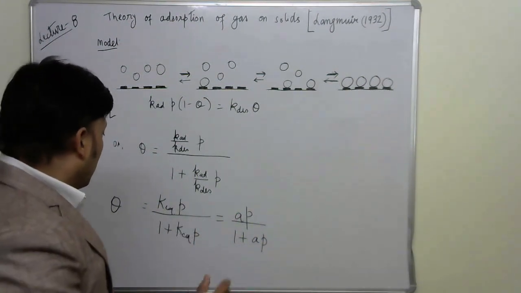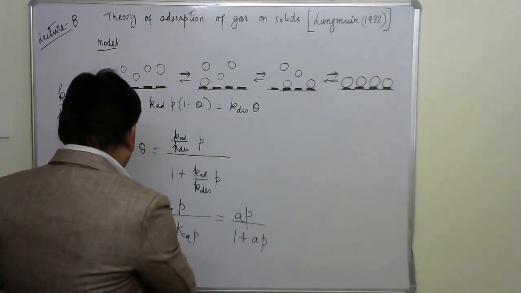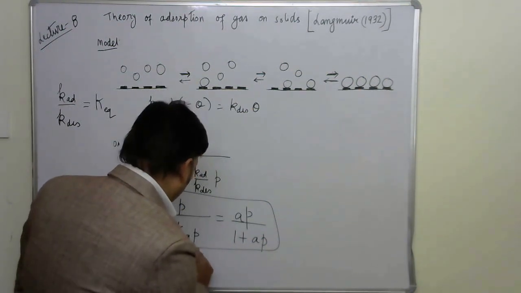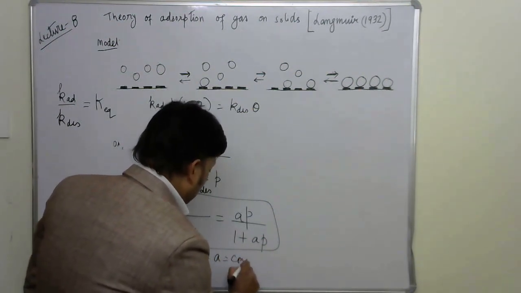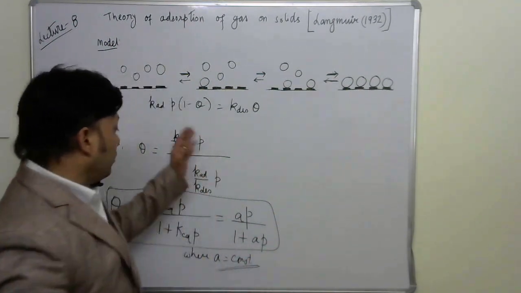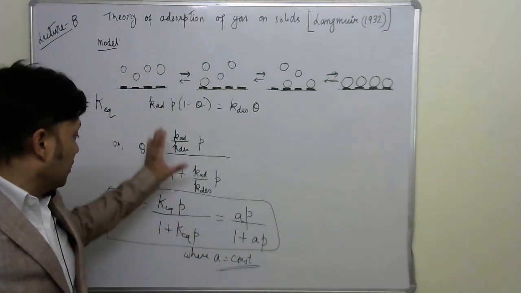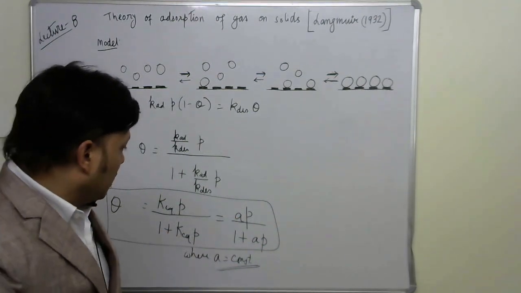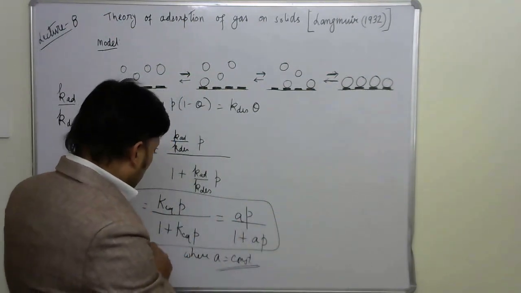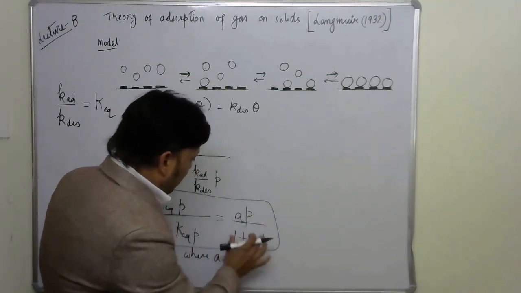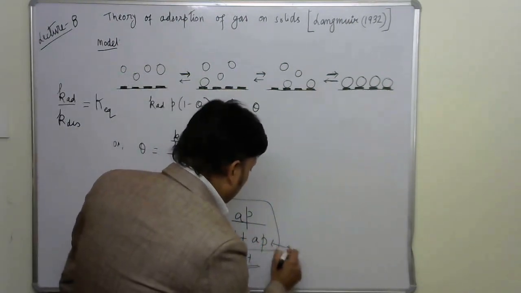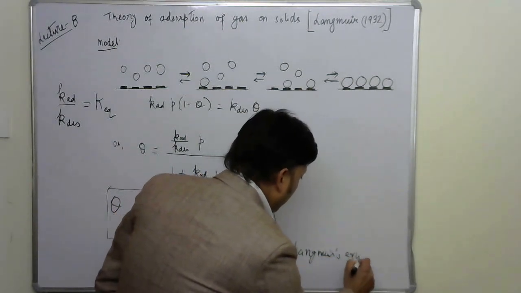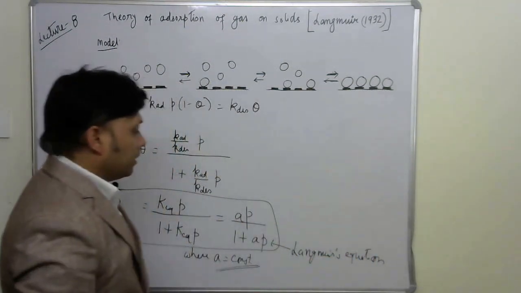But anyway, theta can be expressed as something like this: AP divided by 1 plus AP, where A is a constant. According to our derivation here, A is the K equilibrium, but actually it is a little bit different, but let's ignore that. This is a mathematical equation, and it is called the famous Langmuir's equation for adsorption of gas on a solid surface.